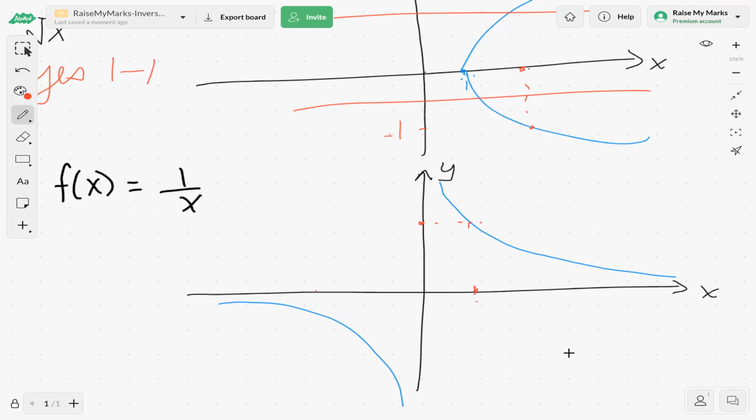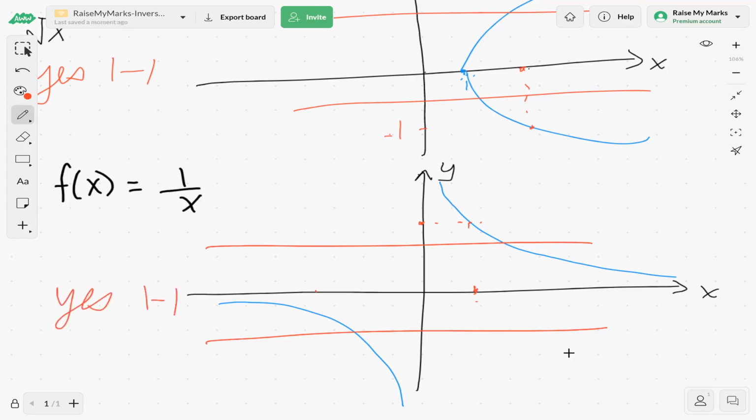It doesn't look like there's any y value that has two x values mapping to it. Another way to determine if a function is one-to-one is to perform the horizontal line test. Anywhere we draw a horizontal line, that line will only intersect the graph of our function one time. So yes, our function is one-to-one.